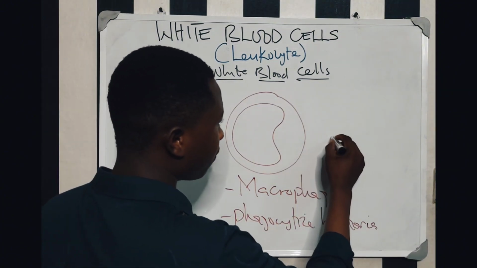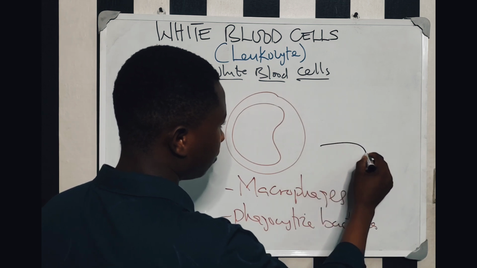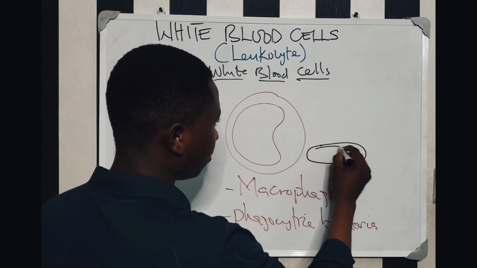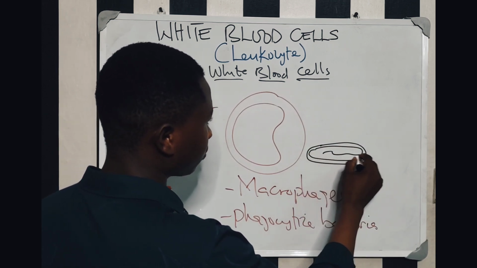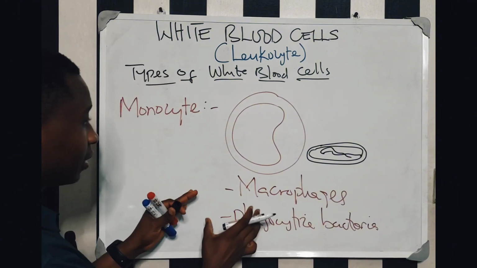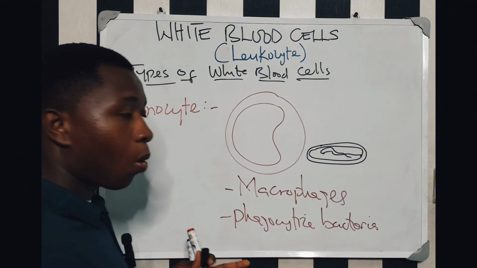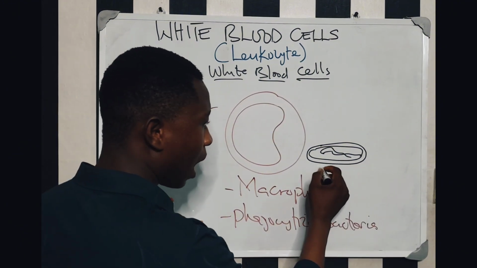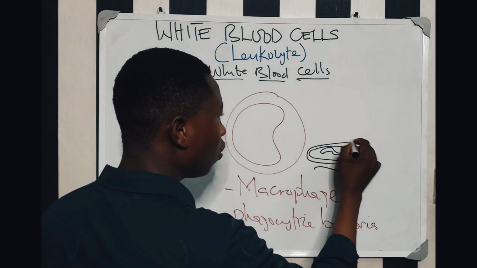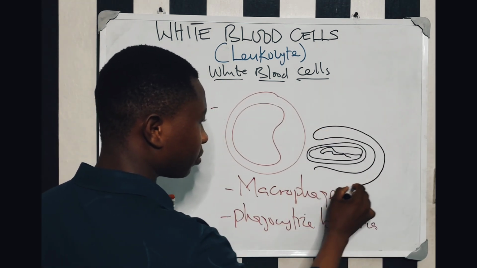So if we have a bacterial cell here, and there is a macrophage, it goes and begins to engulf this bacteria.